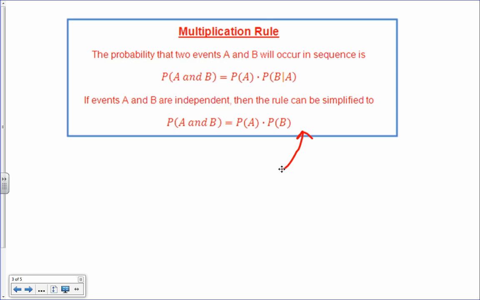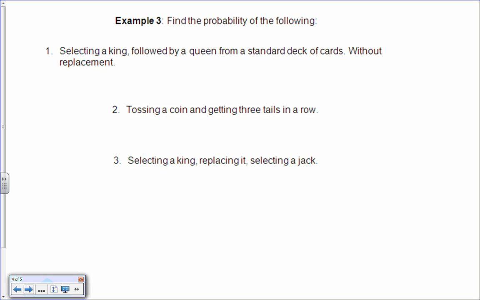Okay? So let's try a few and see if we can figure this out. Selecting a king, followed by a queen from a standard deck of cards without replacement. Now, is this the exact same as the first question I asked you? Is it very close to the first question? Now I'm not saying probability of a queen given king anymore, am I?